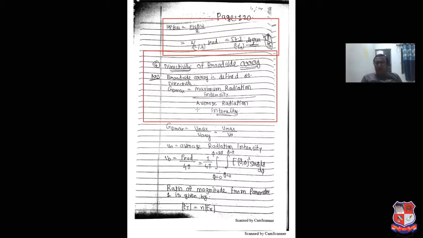Maximum radiation intensity divided by average radiation intensity. So G, or D maximum, equal to U maximum upon U average, which is equal to U maximum divided by U0. And U0 equal to P radiated divided by 4 pi. This is the power due to the isotropic radiator.